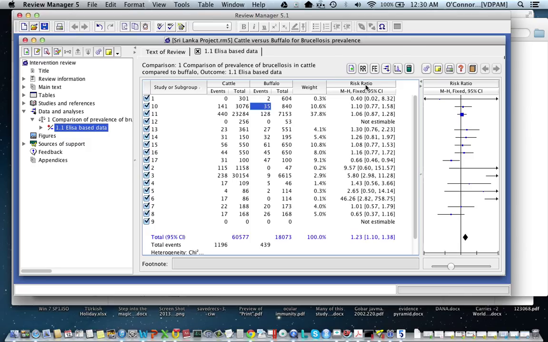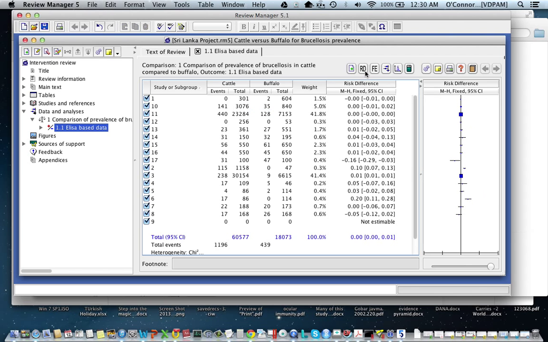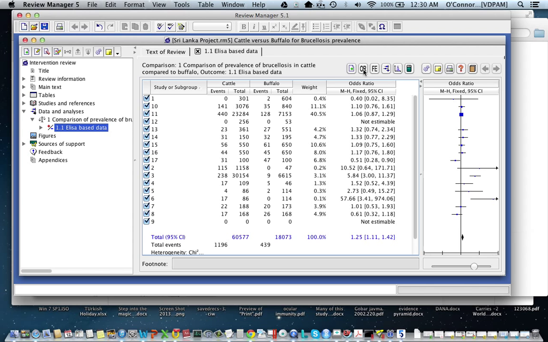Now you can measure the effect many ways. As you know, you could measure the effect as the prevalence, as the risk ratio, but you could also measure it as the risk difference. That's another way to measure the effect. Now maybe the risk difference is a better way to explain the difference in the prevalence, because remember, this is not a risk difference, it's actually a prevalence difference. Or the other way is the odds ratio.